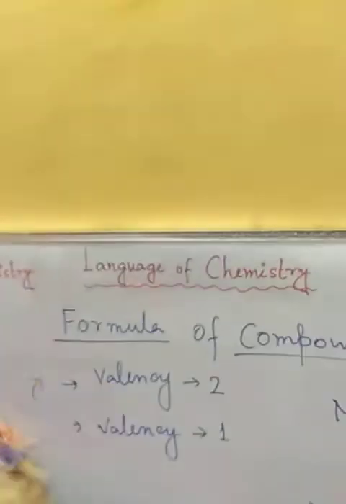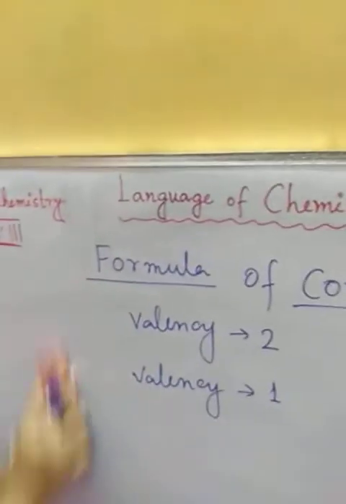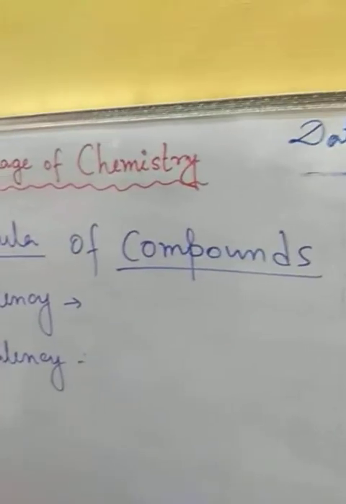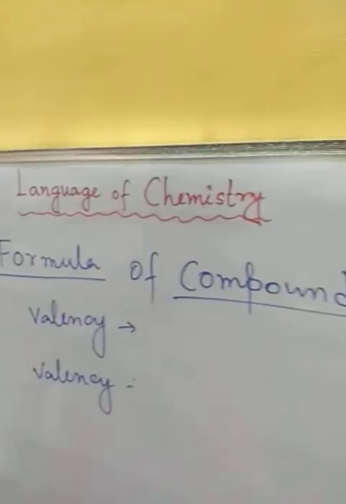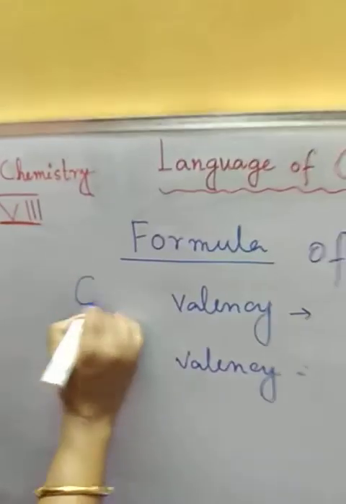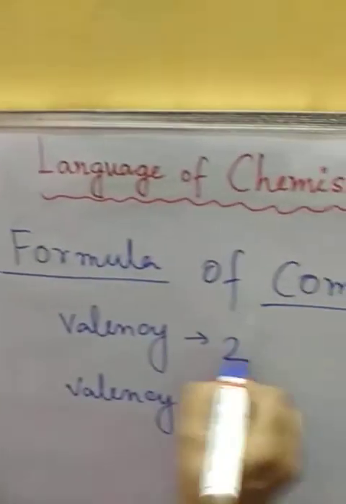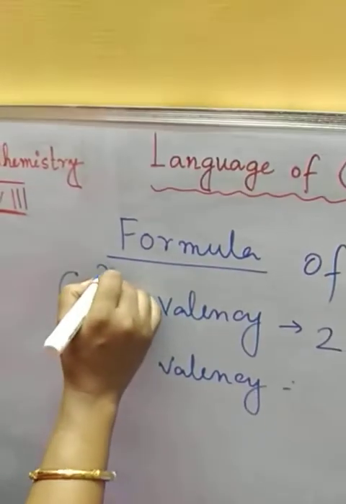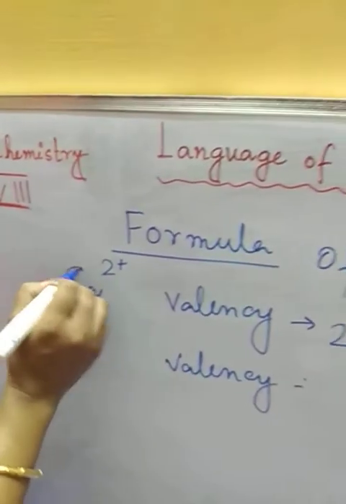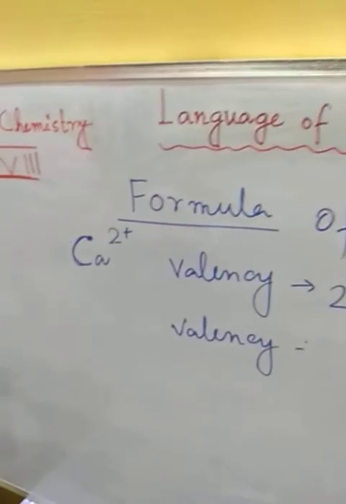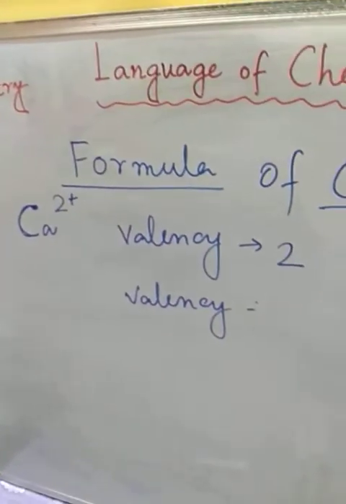Next, let us do it for some other element. Suppose calcium, Ca. We know calcium's valency is 2. That's why the radical, the ion formed from calcium, is Ca2+.